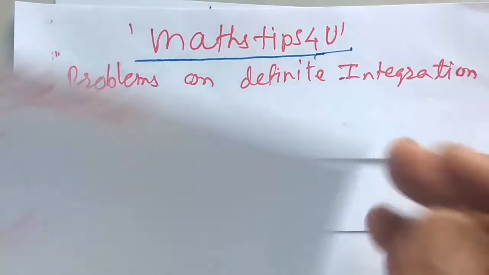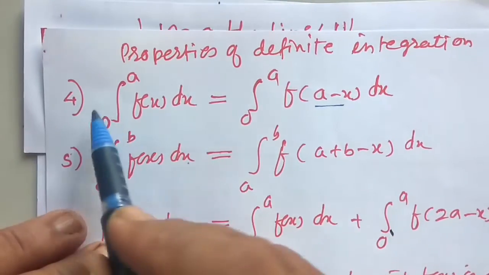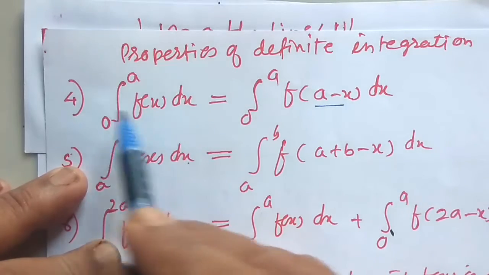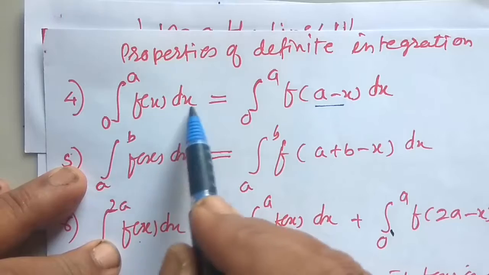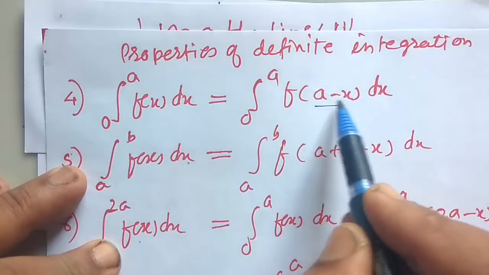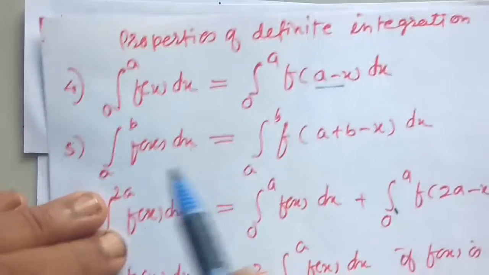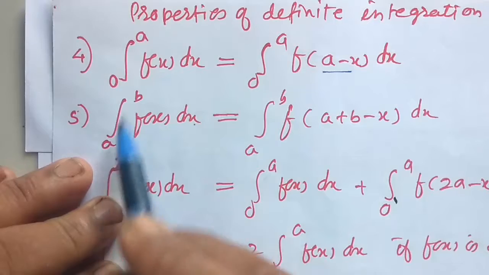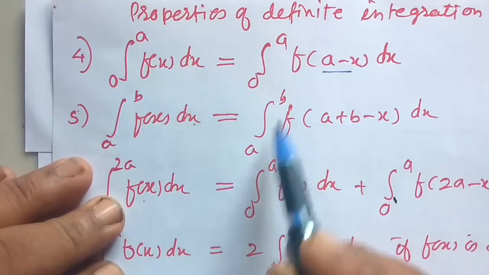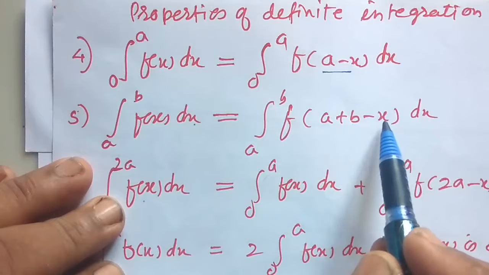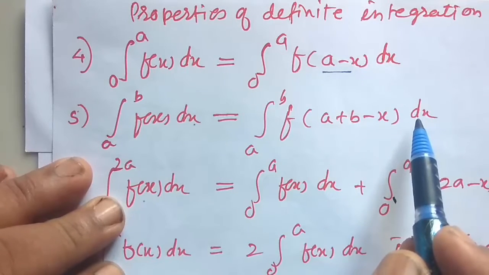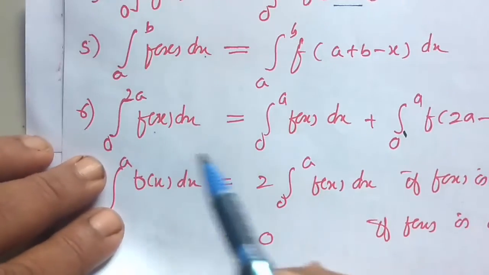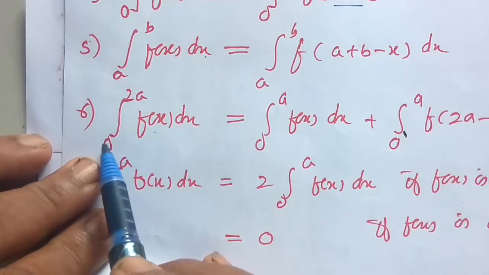In my last video, we have seen the problem based on property number 4, integral 0 to a f of x dx is equal to integral 0 to a f of a minus x dx, and the problem based on property number 5, integral a to b f of x dx is equal to integral a to b f of a plus b minus x dx, the links of which are given below in the description. Now we shall see the problem based on property number 6.